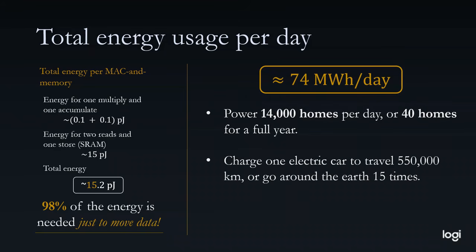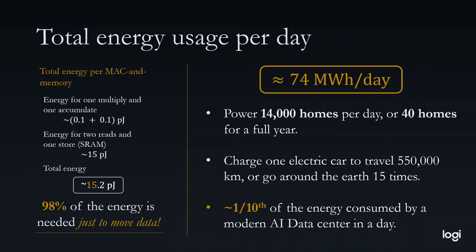It can charge one electric car to travel 550,000 kilometers or go around the earth 15 times. And it is roughly 1/10 of the energy consumed by a modern AI data center in a day. So that also gives you an idea of how much energy is being consumed by data centers.